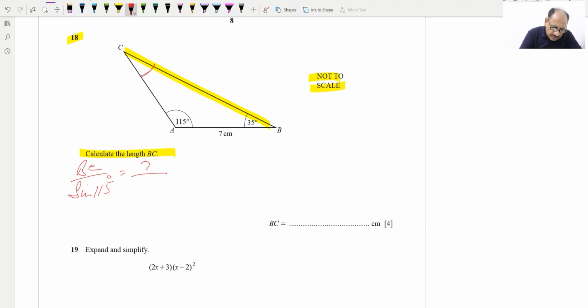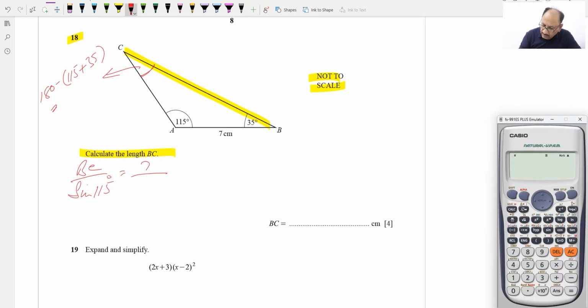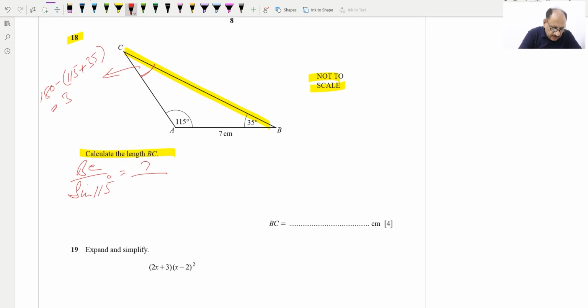We need to find this angle first. So this angle will be 180 minus (115 plus 35) degrees, and it will give us 30 degrees.